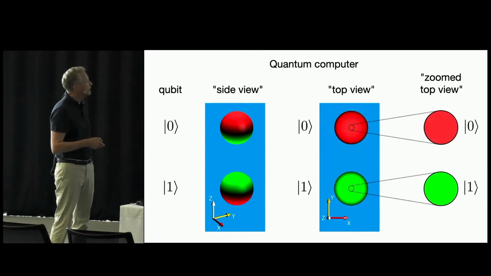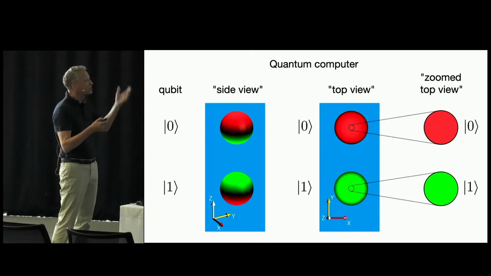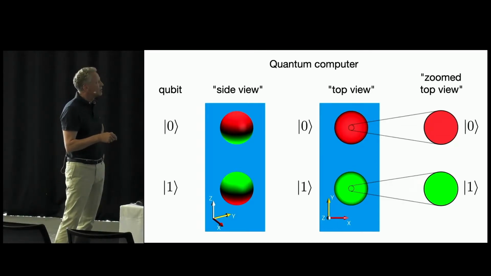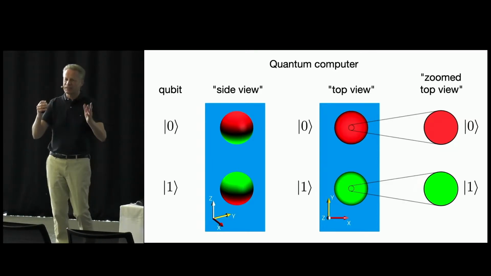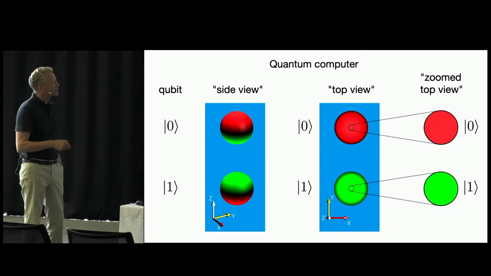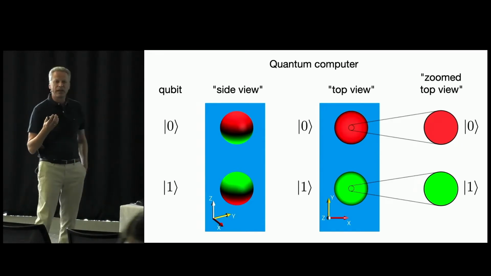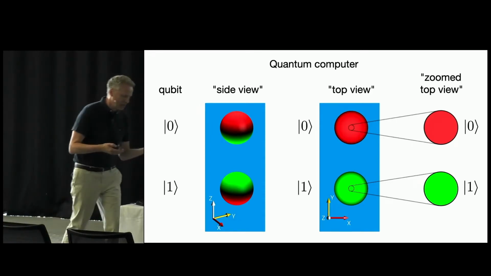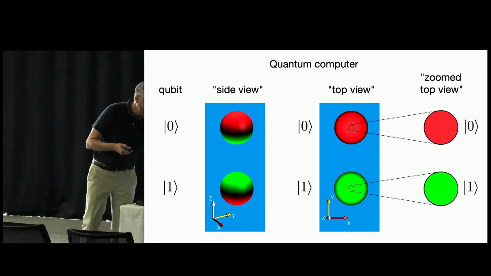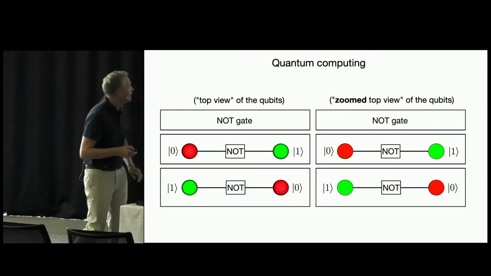What we also look at is a zoomed-in view of this North Pole region. You can think of it as a meter around the North Pole, and we just map this color. So this actually brings us exactly to the picture that we had for the classical bit. And there we can now make this smooth transition.